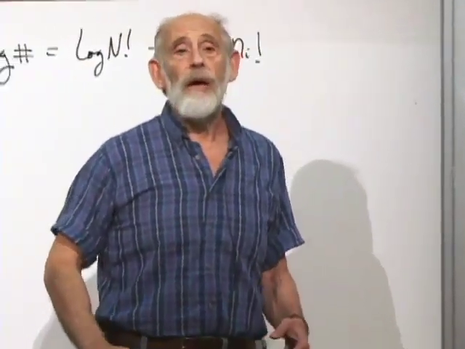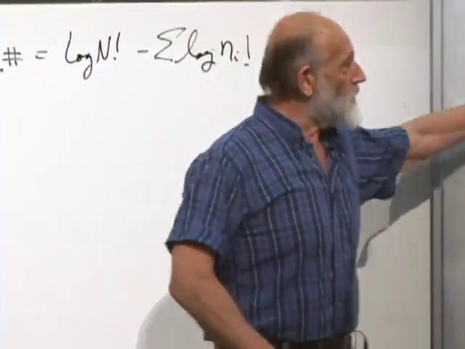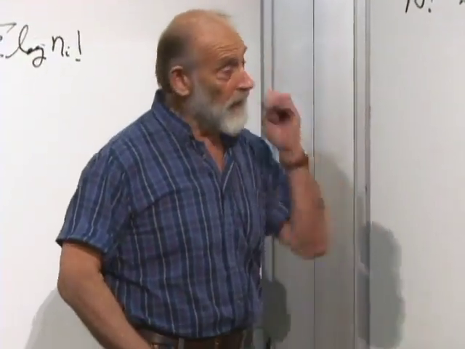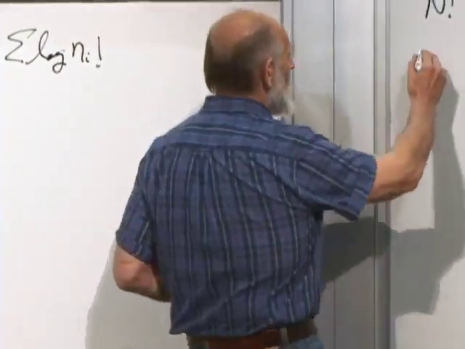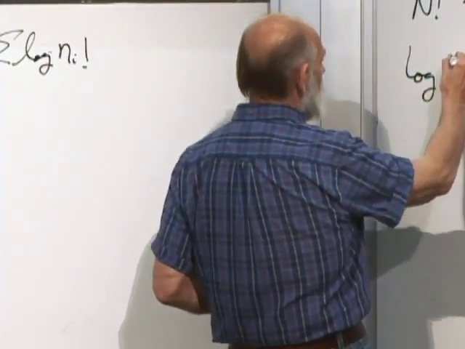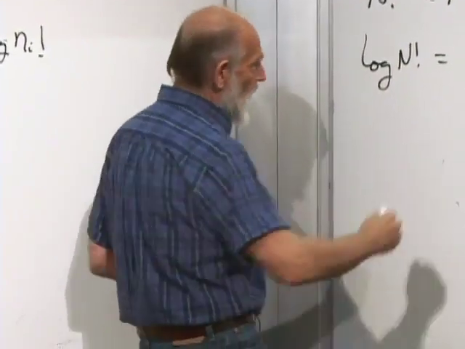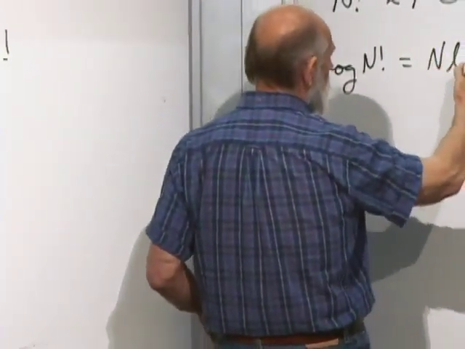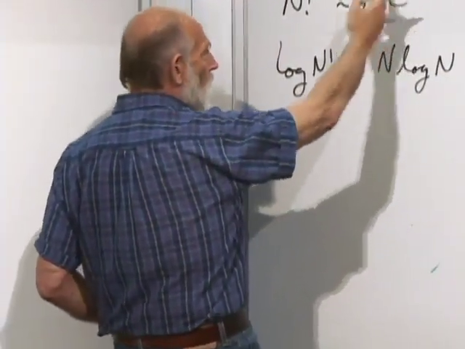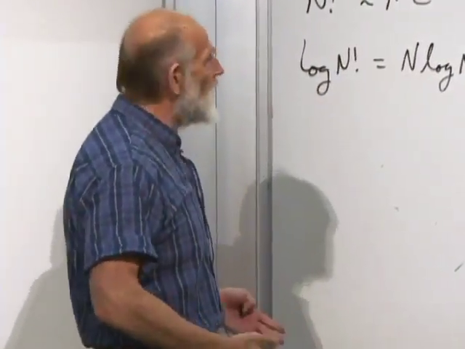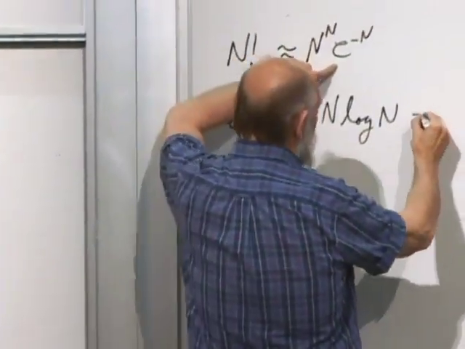Incidentally, if you did it numerically, you would find out that this is not all that accurate as n gets big. But if you take its logarithm, you'll find it's really accurate. The logarithm of n factorial is equal to the logarithm of n to the n, that's n log n, minus the logarithm of e to the minus n, and the logarithm of e to the minus n is just minus n.